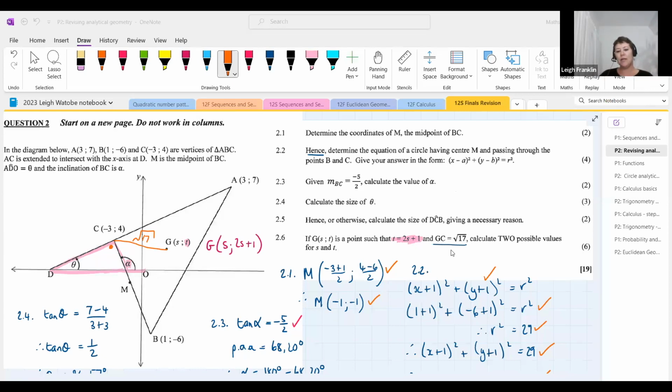It's also a simultaneous equation. So we would sub into distance formula. Does that make sense? Cool. Yes, so that's what you would need to do.